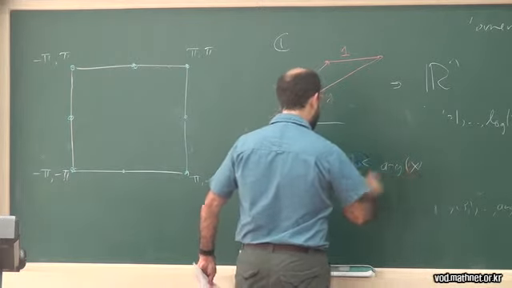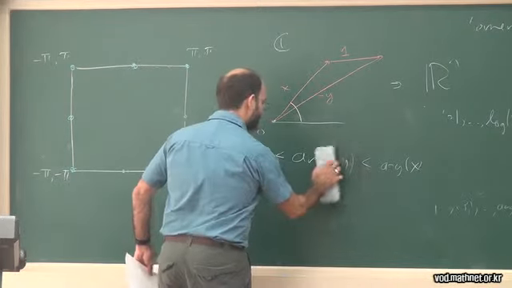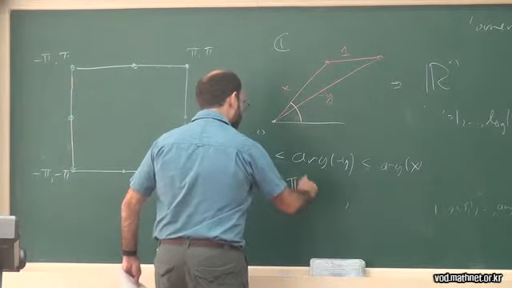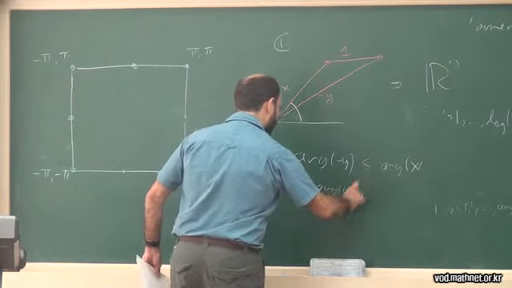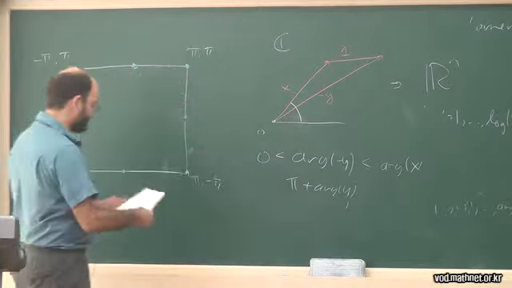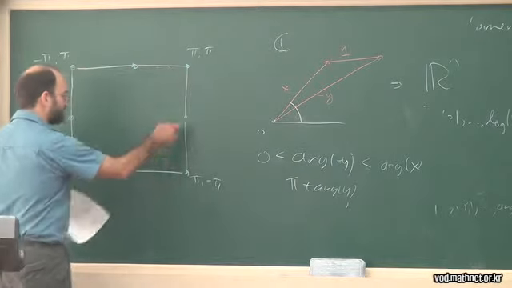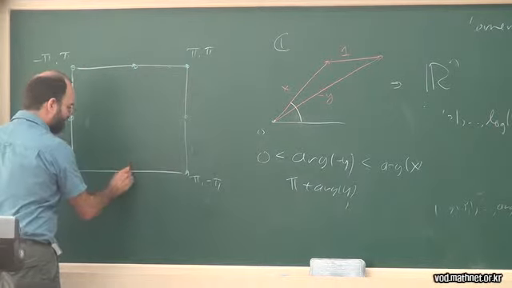The argument of negative y is simply pi plus the argument of y. So we need to shift everything down, and what we discover, this inequality gives us that we're strictly inside of this triangle.